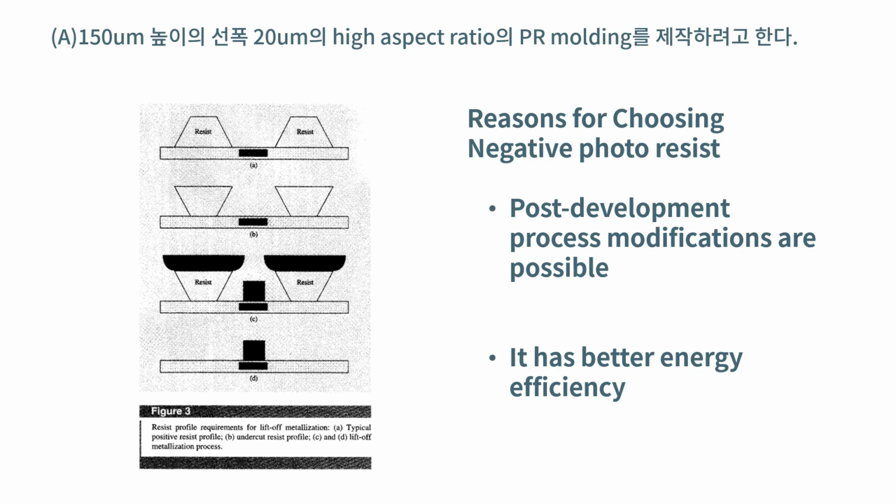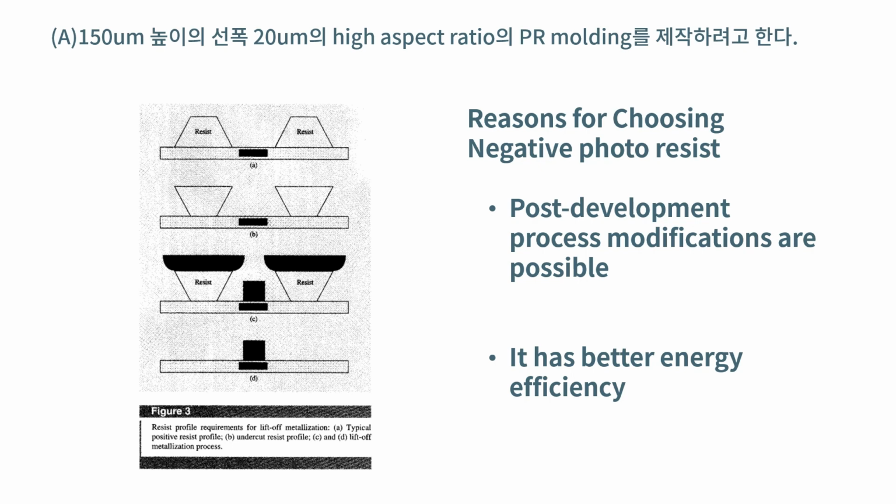The reason for choosing negative photoresist in case A is primarily that it allows for post-processing modification after the process is completed. Additionally, consider that A has a relatively large volume compared to B. It was deemed more energy efficient to use negative photoresist in this scenario.